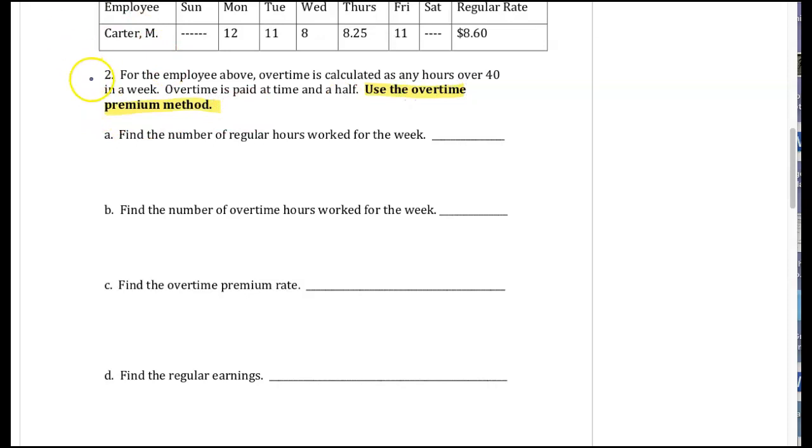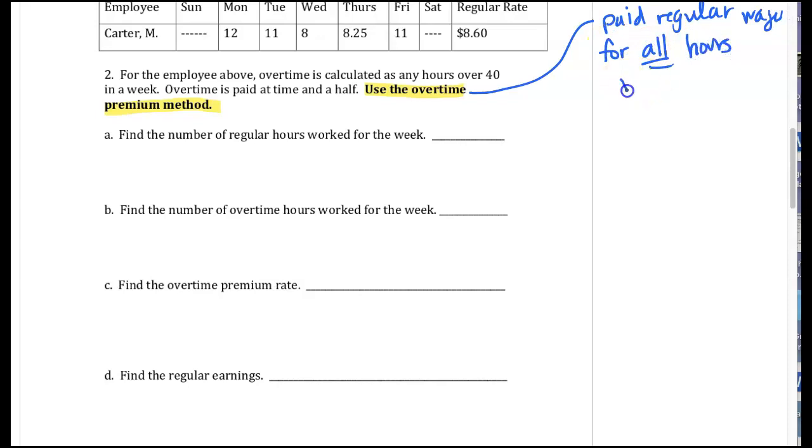The overtime premium method says that you get paid your regular rate of pay for all hours worked. That's your 100%, your regular time worked. And then overtime hours get a 50% premium.